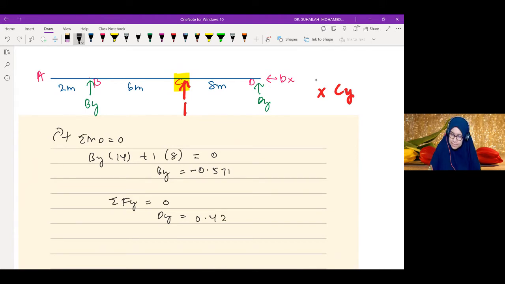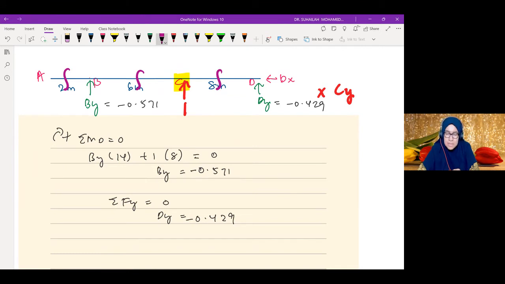So DY is negative 0.429. So we have 3 cutting sections: section 1, section 2, section 3.